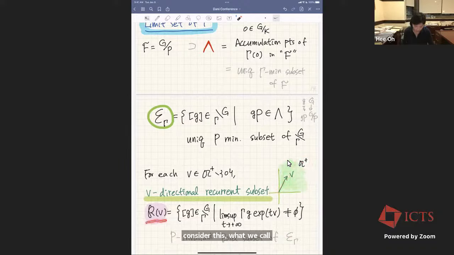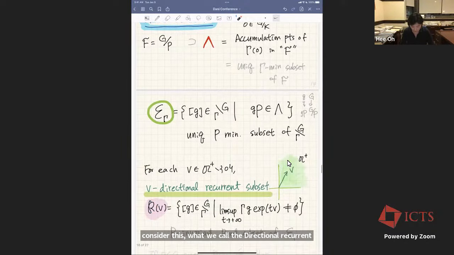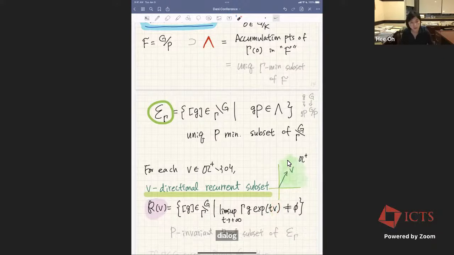The notation is R_v, where R stands for recurrent. So R_v is the set of elements in G mod gamma such that when you flow by exp(tv), the one-dimensional diagonal flow in the direction of v, there is an accumulation point of this flow. Then we say that element belongs to this v-directional recurrent set.